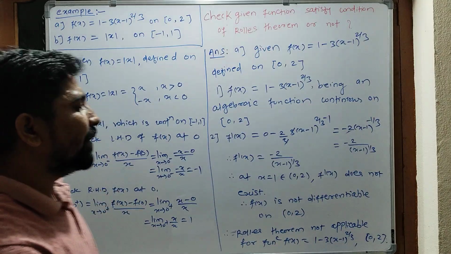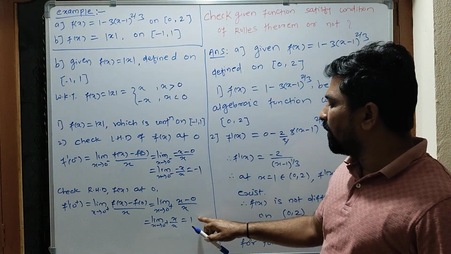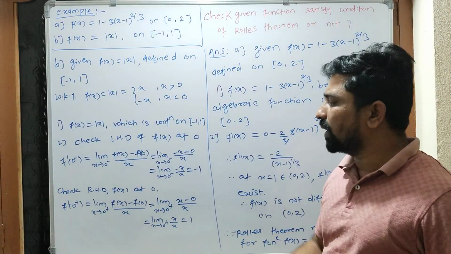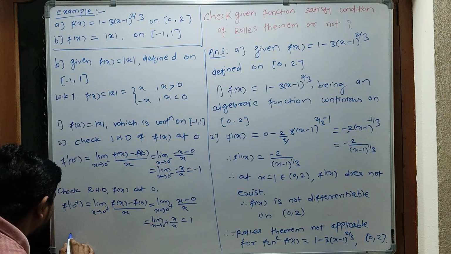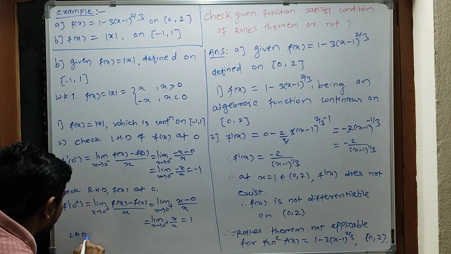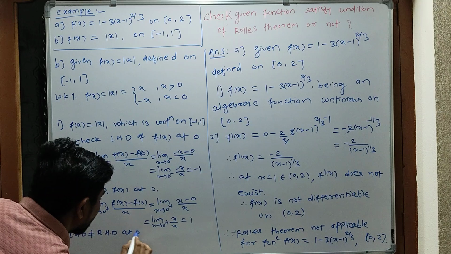Here the left hand derivative of this function at 0 is minus 1 and the right hand derivative of your function at 0 is 1. Therefore, the left hand derivative is not the same as the right hand derivative at 0.